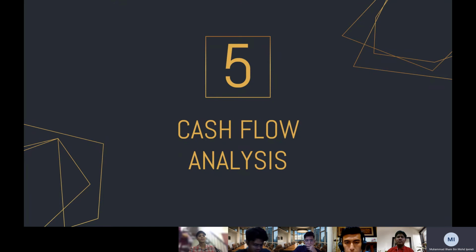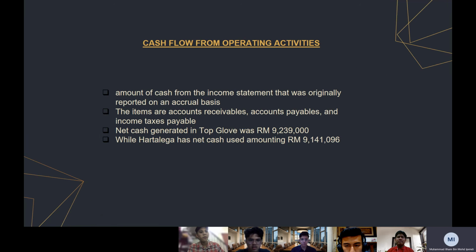Okay, for the cash flow statement, as we know, a cash flow statement has three sections, which are operating activities, investing activities, and financing activities. So, for us to conclude the cash flow for both of the companies, we need to look at these three main activities.